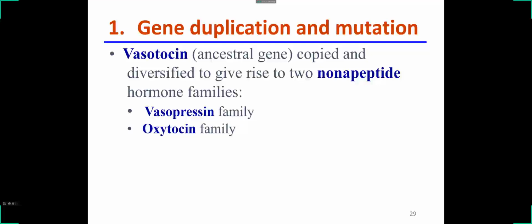So the oxytocin and vasopressin genes are very, very similar, and originated from the same ancestral gene called vasopressin.